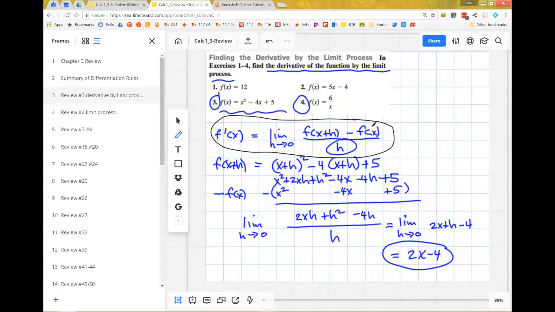You all have to know the difference quotient, f of x plus h minus f of x, all over h. And then you need to take the limit of all of that as h approaches 0. So this happened right in the beginning, and it's the very foundation for what a derivative is.